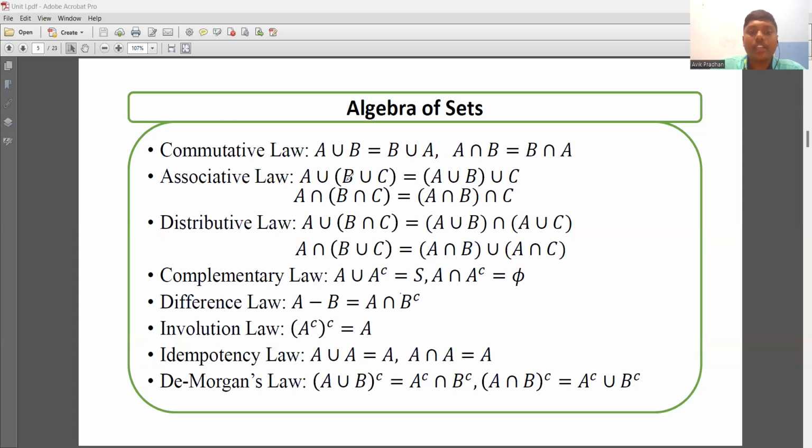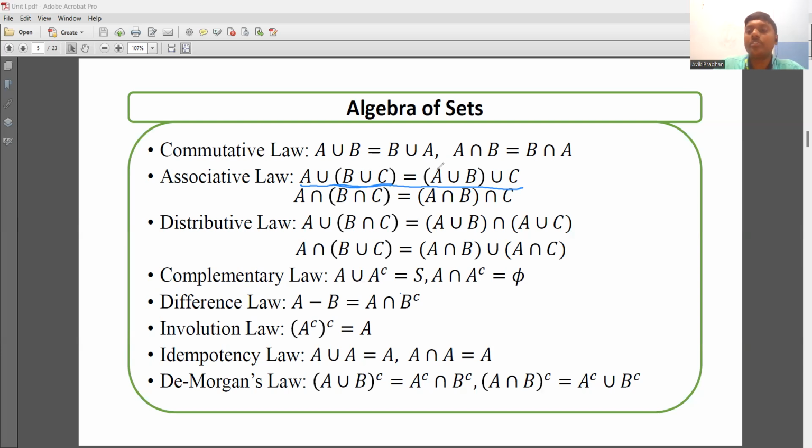That means A union (B union C) will be the same as (A union B) union C. On the left-hand side, we take the union of B and C first, and then the union of A with this new set B union C. On the right-hand side, we take first the union of A and B, and then the union of this new set with C. Associativity says they will be the same set, they represent the same set.